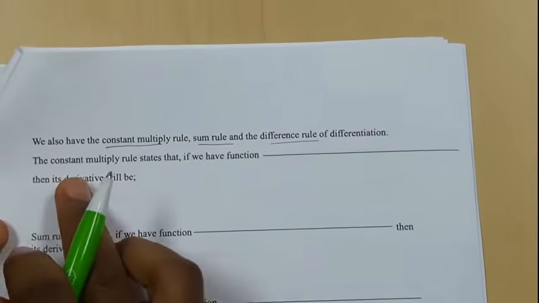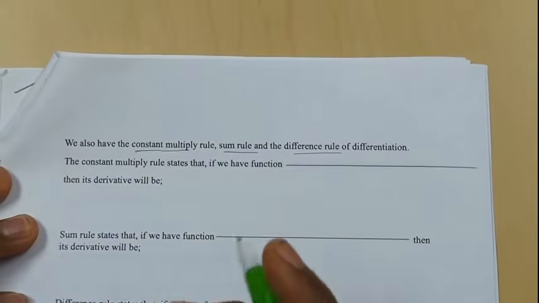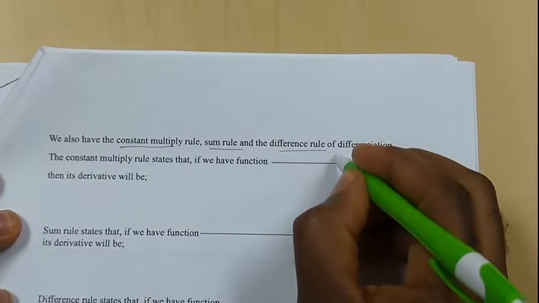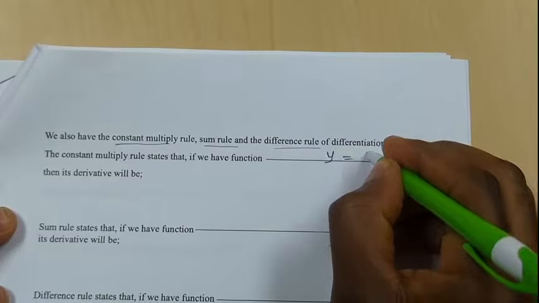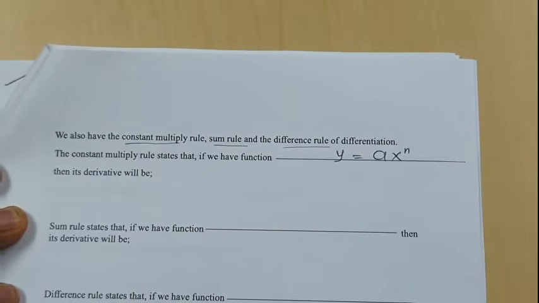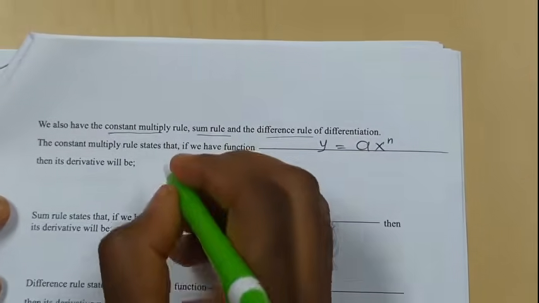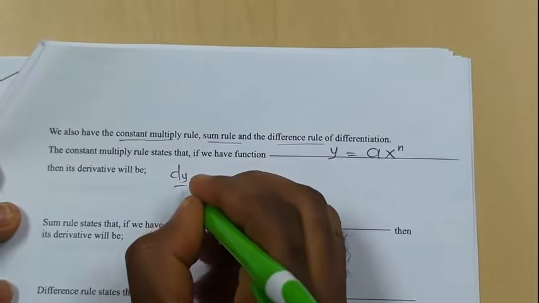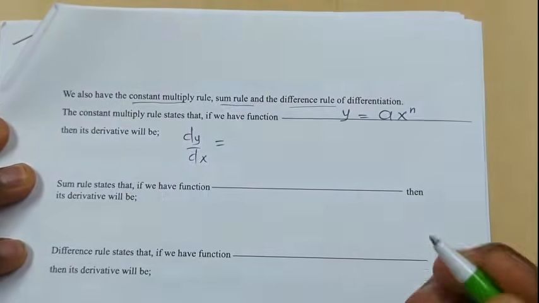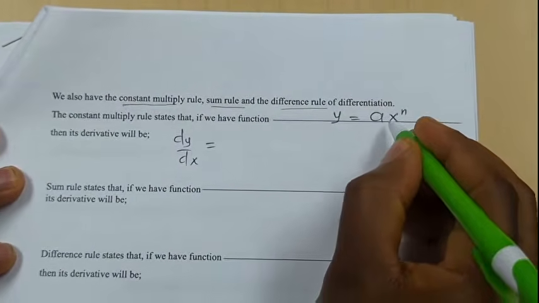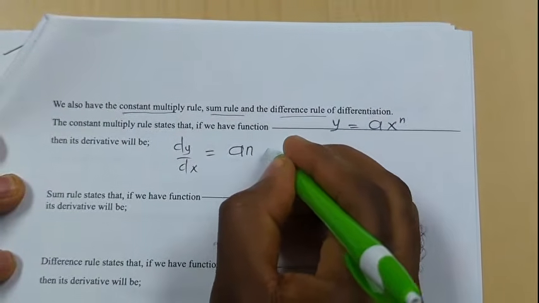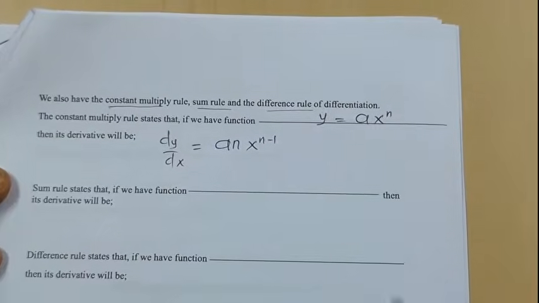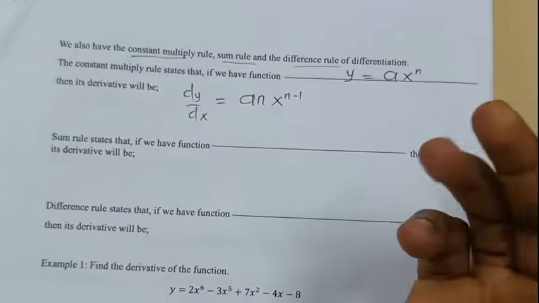So we say that the constant multiple rule states that if we have a function y equal to a x exponent n, then the derivative of this function, that's dy over dx, will just be equal to a n x exponent n minus 1. So this involves the power rule as well.